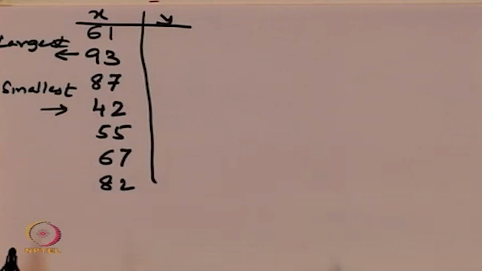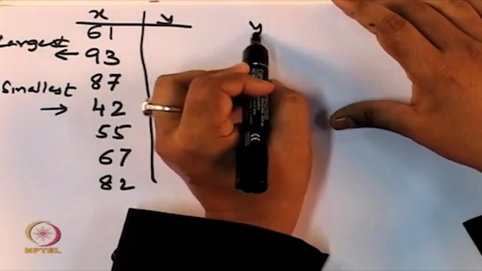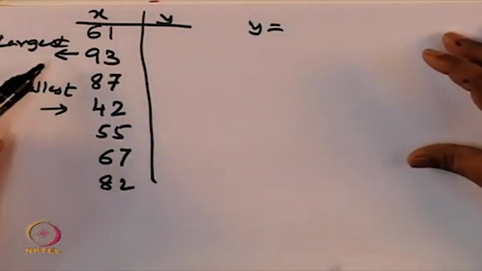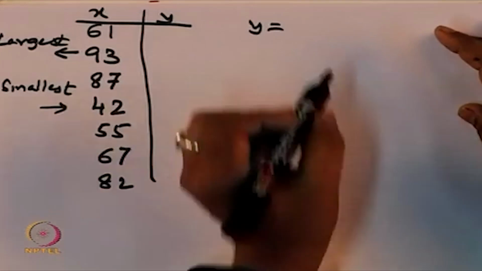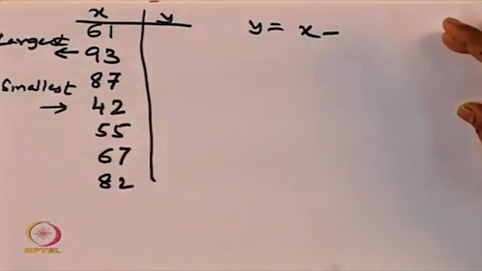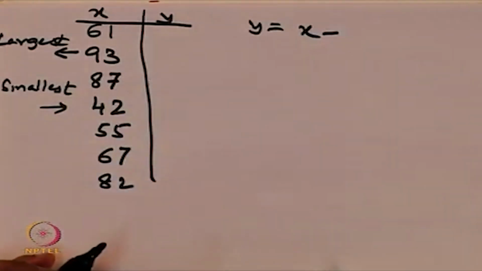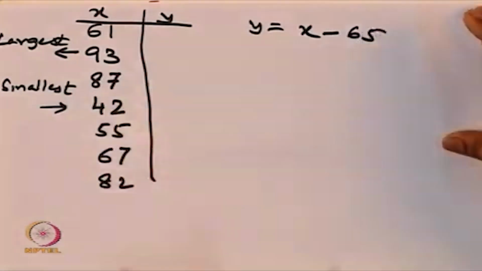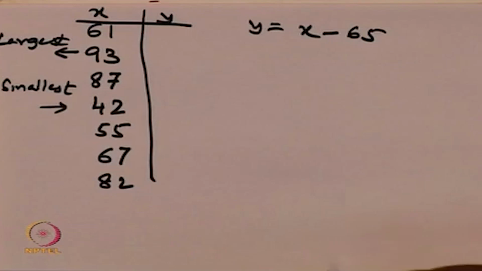So, an easier alternative is to define y. So, if I define y, my smallest is 42, largest is 93. Let us choose y as x minus some value which is in the middle of 40 and 90. Okay. So, which is 65. 65 is nothing but the average of 40 and 90. So, 40 plus 90 by 2 is 65.